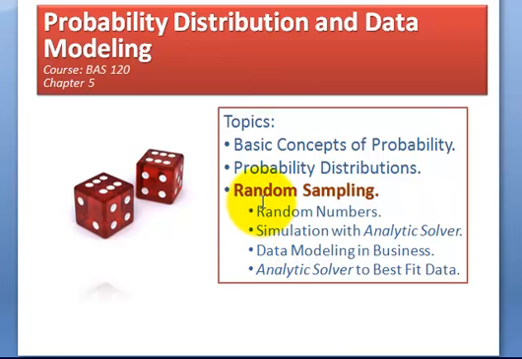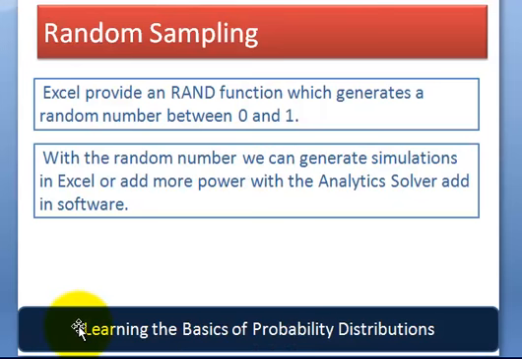Let's talk about random sampling quickly. Once we have a probability distribution, we can go into Excel, which provides a randomized function that generates a random number between 0 and 1. Once we have the random number, we can generate multiple scenarios or simulations. And if we add in the Analytic Solver, we can do sensitivities.